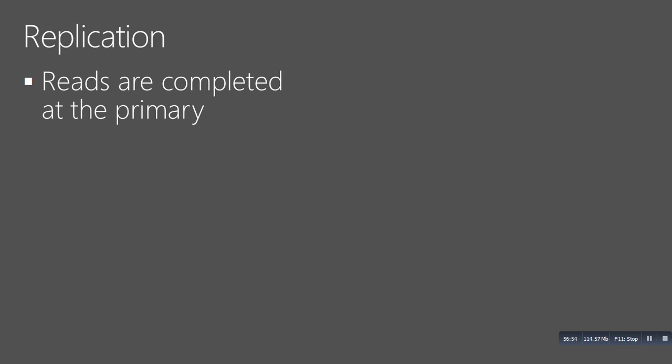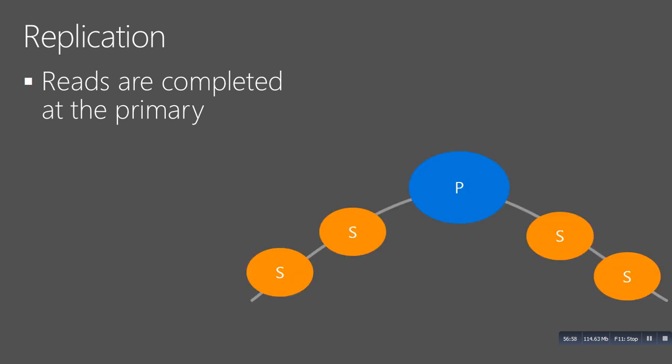For the write scenario, writes are dedicated to the primary. So for a write request, first it will write on all secondary services, and then they will acknowledge back to primary.